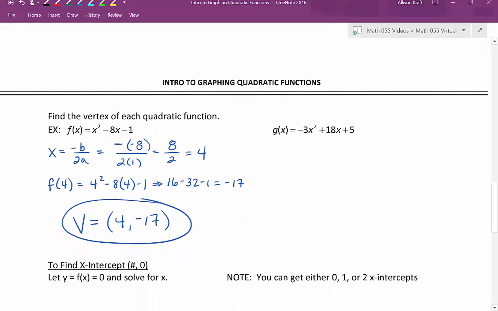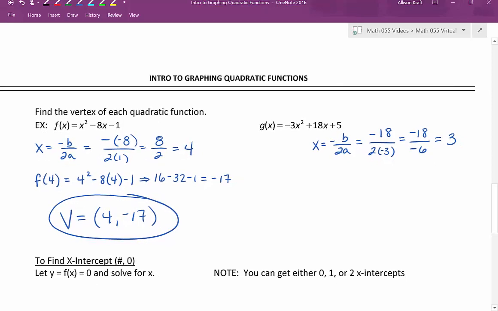Let's find the vertex for g of x equals negative 3x squared plus 18x plus 5. Again, we start by finding the x-coordinate of the vertex using our formula x equals negative b over 2a. That'll be negative 18 over 2 times negative 3. It's negative 18 over negative 6 to give us positive 3 as the x-coordinate of our vertex. We'll plug this back into our function to get the corresponding y value.